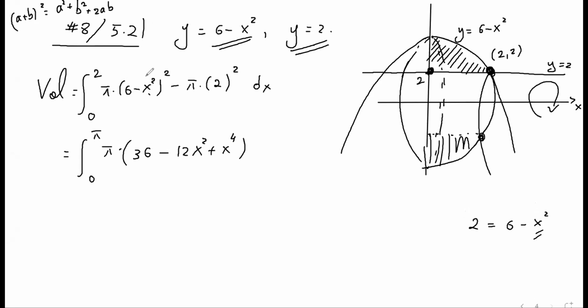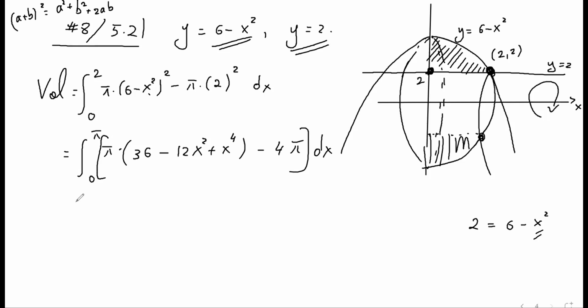This is the case here when you do 6 plus negative x squared and you calculate, it's going to give you this. If you don't remember, just do it by hand, folks. Distribute the powers of x and such, and you'll get this thing minus 4 pi. This is going to be dx.